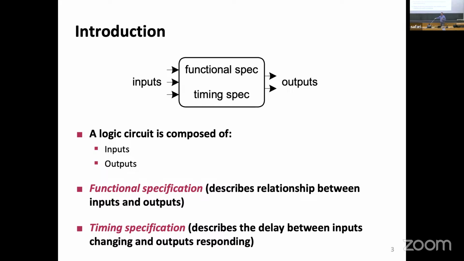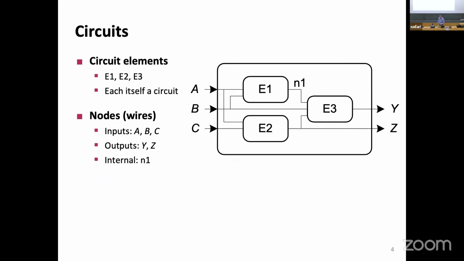In addition to that, we might have some physical properties. In this case, it's timing. It could have also included power as well, but here it describes the delay between inputs changing and outputs responding, and things like that. And the key of us building things is actually rooted in our capability of composing them, trying to build a hierarchy of these blocks so that we can manage complexity.